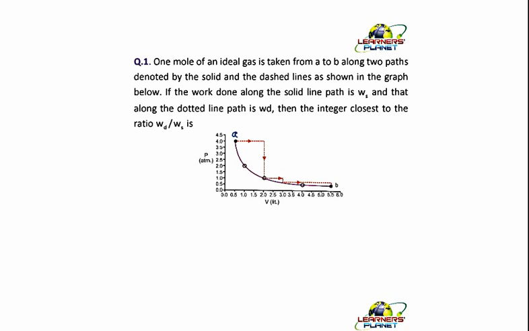Now let's first take up the work done along the solid line path. So if I take out, say this is your pressure, right? At this pressure, what is the volume? 0.5.